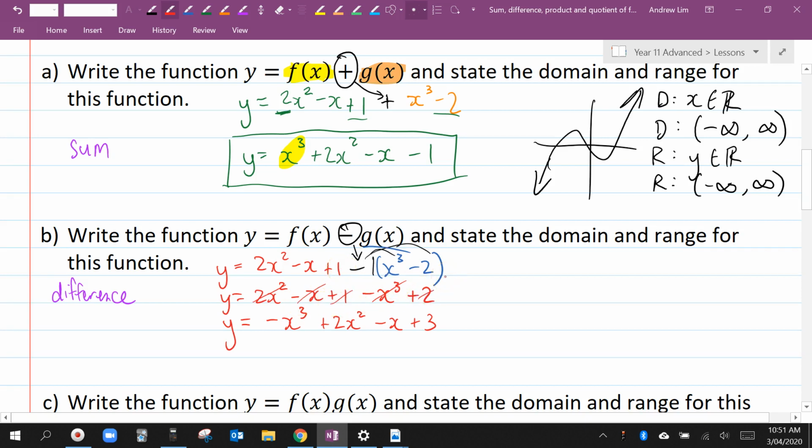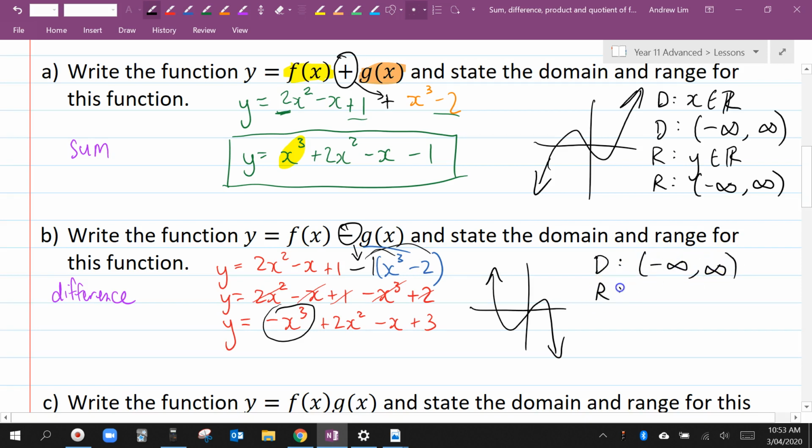And now you know that we've done all of them. And so because this is, again, cubic but negative, it's going to be shaped the other way. Okay, so what that means is that the domain is from negative infinity to infinity, and the range is also from negative infinity to infinity.